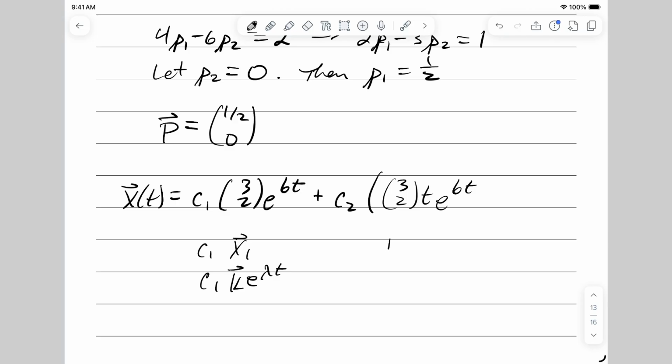That's going to be our k t e^(λt), plus (1/2, 0) e^(6t), and that's plus our p e^(λt). Of course, that p is a vector.